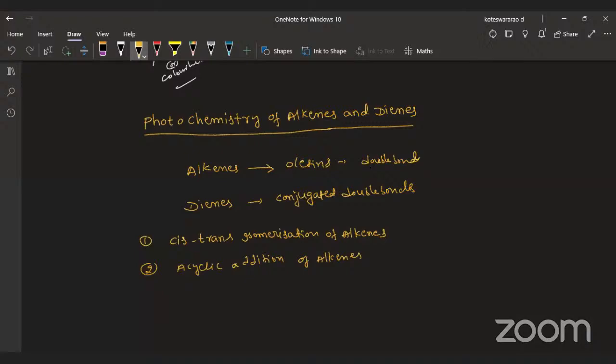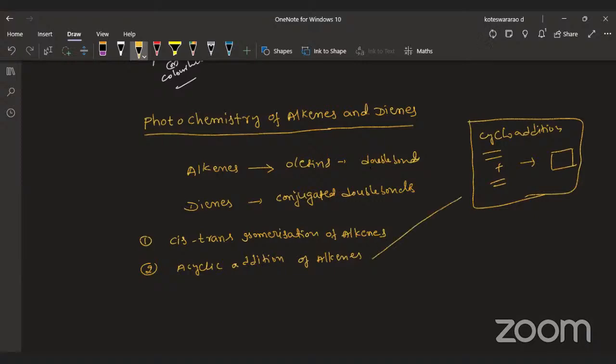In the previous case, we saw that two olefins combine together and undergo an addition reaction that leads to the formation of a cyclic product. These are called cycloaddition reactions. Other than this, the next type is the acyclic addition reaction of alkenes.